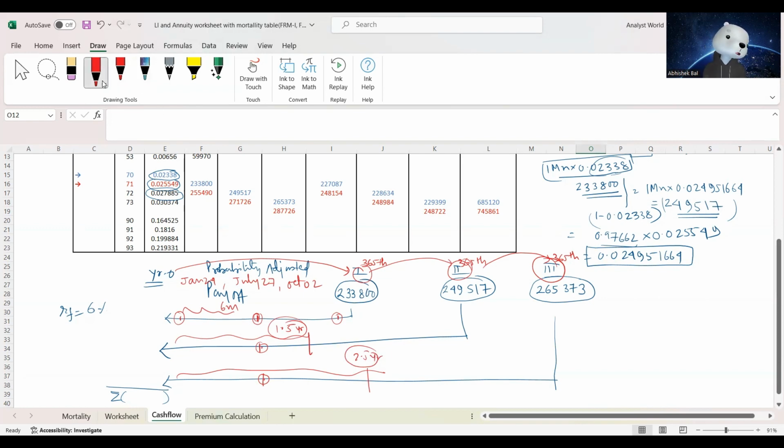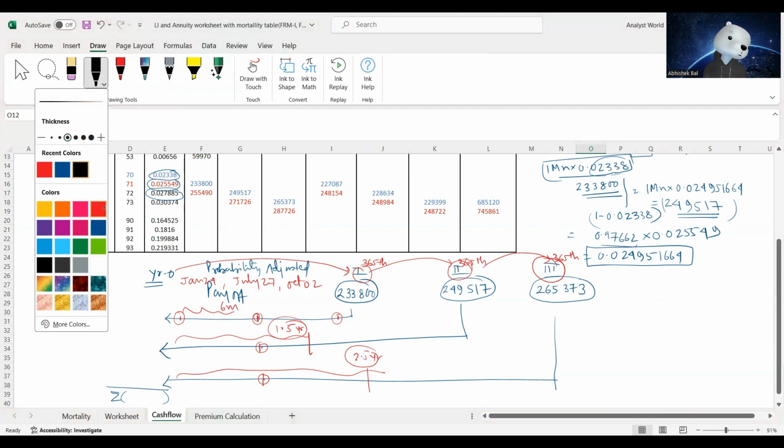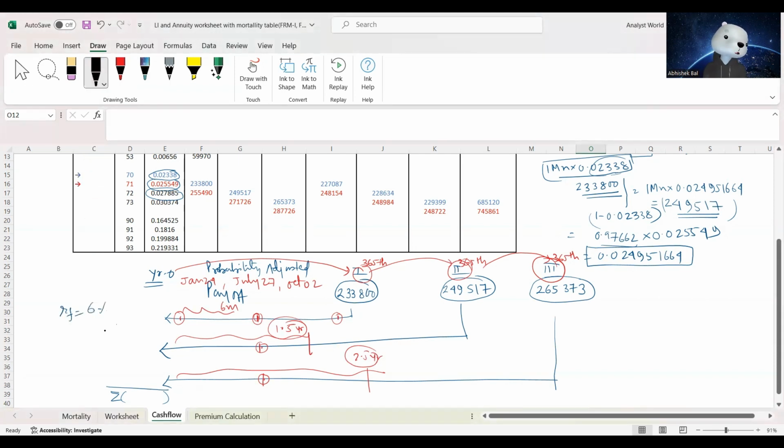With that understanding, we will have to discount them suitably. So the first cash flow, 233,800, we discount by 1 plus 6%, but assign it the power 0.5.